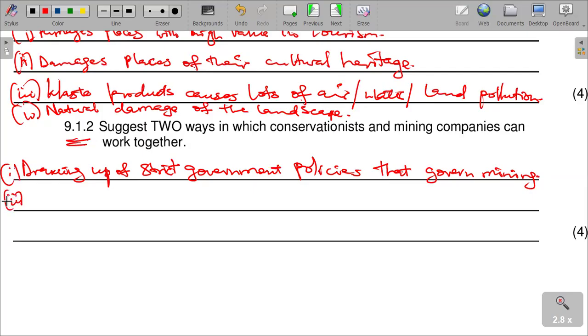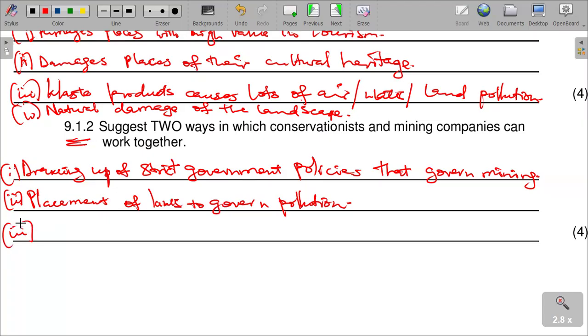Two, we can also talk about there should be laws to govern pollution, the placement of laws to govern pollution.